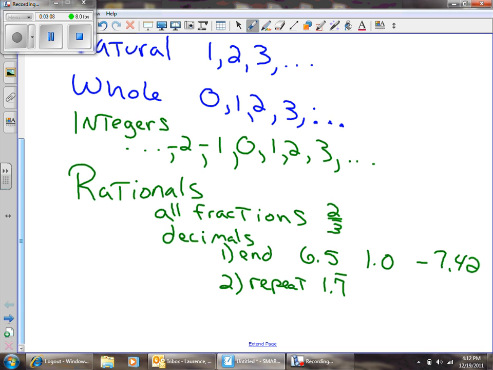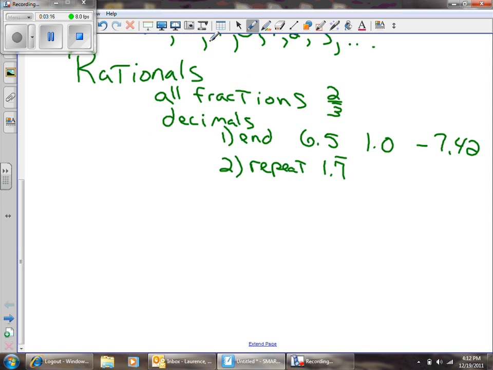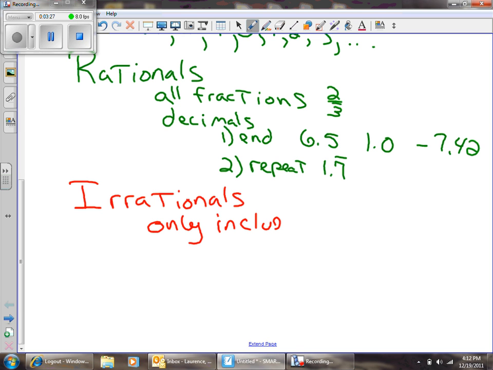Now, they do not include the decimals that go on forever without repeating. Those are the irrationals, and I'll write those in a different color. Irrationals. Ir meaning not. Irrationals. They only include decimals.